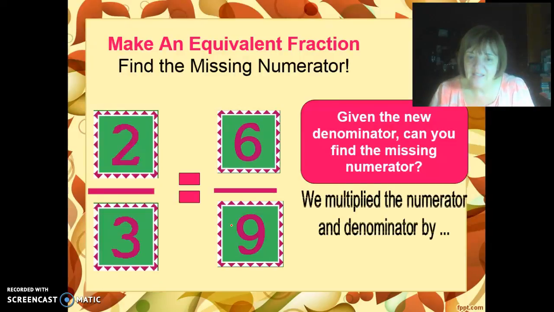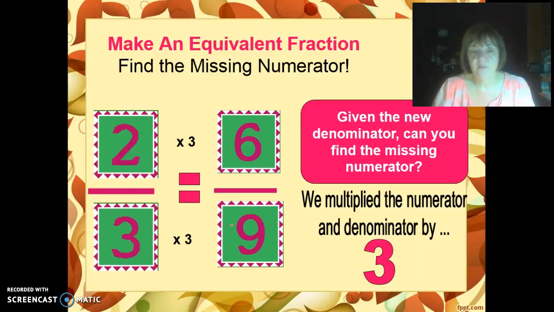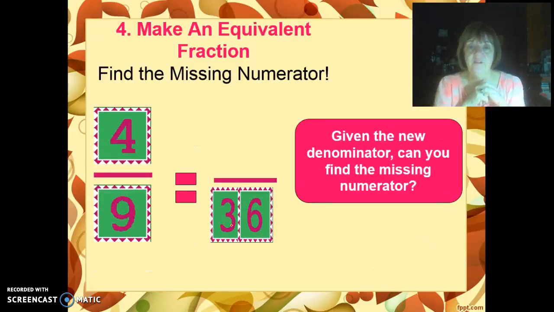How did I get that? I multiplied it by 3. Okay? To get the 3 to turn into a 9, I multiply by 3. I do the same thing to the top. If I do the same thing to the top, I'm not changing the value. Okay? So now we've got it again, missing numerator. It's up to you to figure this one out.